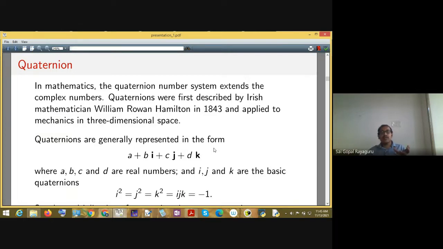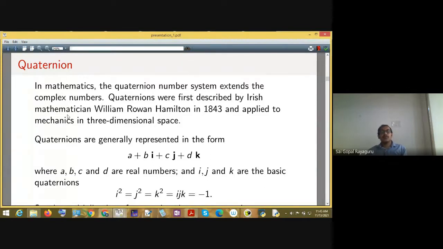Quaternions are an extension or generalization of complex numbers. So on the field of complex numbers, we are constructing another two-dimensional space.